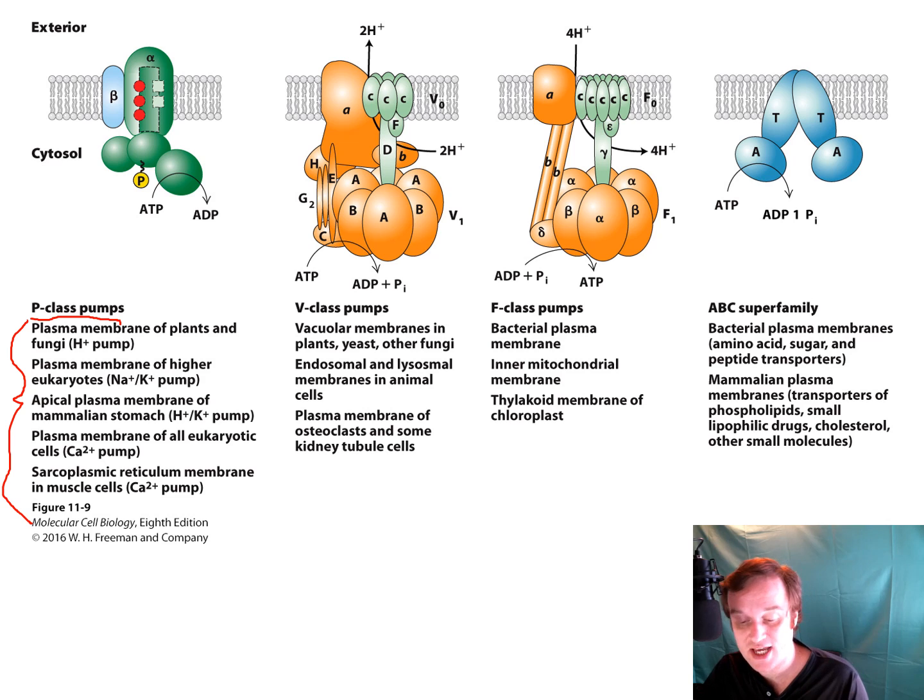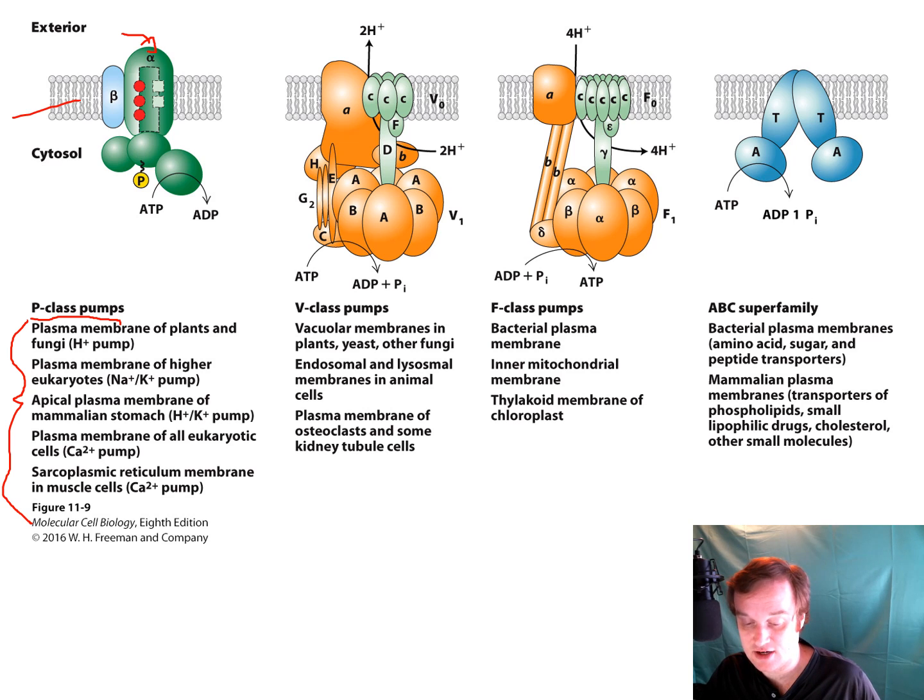They have 2 catalytic alpha subunits, which would be here. And they are phosphorylated as part of the transport cycle. They also have 2 beta subunits that are present in some pumps, so not always present, and they're thought to possibly regulate transport.